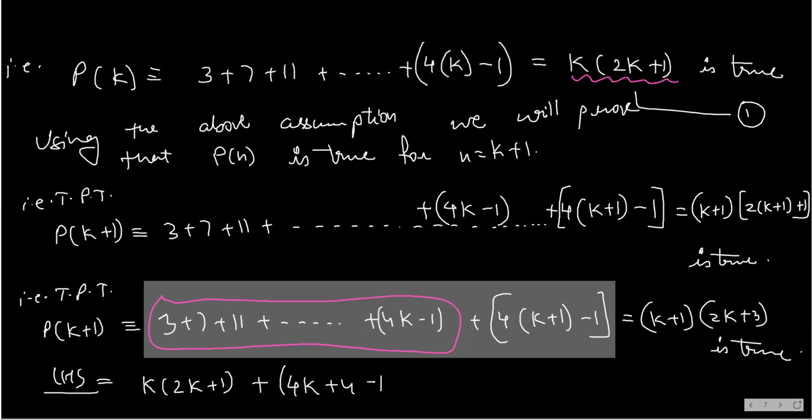So now you get here k, when you multiply, you get 2k square plus k plus 4k plus 4k plus 3.